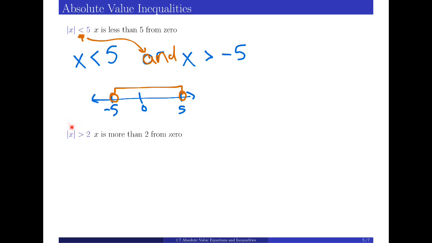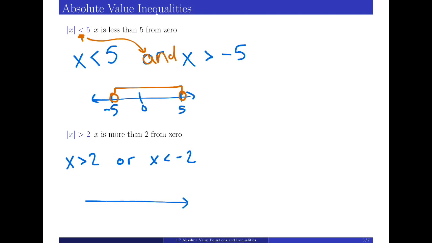Now if the absolute value is greater than something, let's say the absolute value of x is greater than 2, that means that x is more than 2 away from 0. Then the statements we get would be x needs to be more than 2, or x has to be less than negative 2.